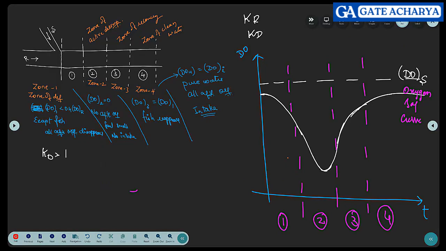Deoxygenation will be more than the reoxygenation. Here also deoxygenation will be more than the reoxygenation, whereas here reoxygenation will be more than the deoxygenation. Here also reoxygenation will be more than the deoxygenation. Noted.